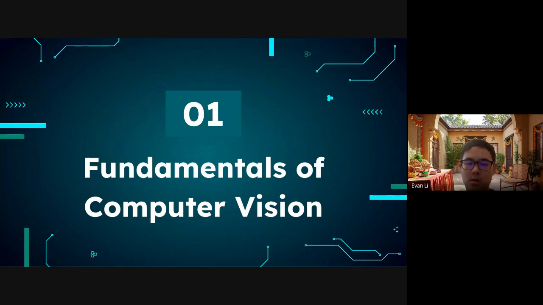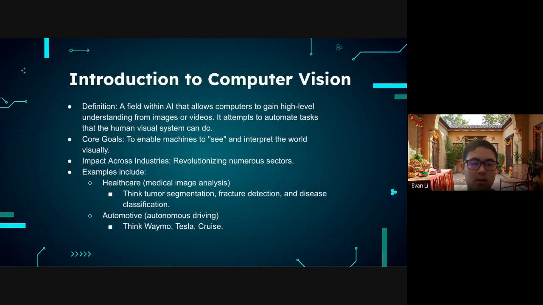So, topic 1, the fundamentals of computer vision and AI. At its core, computer vision is a dynamic and rapidly evolving field within artificial intelligence that seeks to equip computers with a remarkable ability to interpret and derive meaningful insights from the visual world, mirroring the sophistication of human vision.